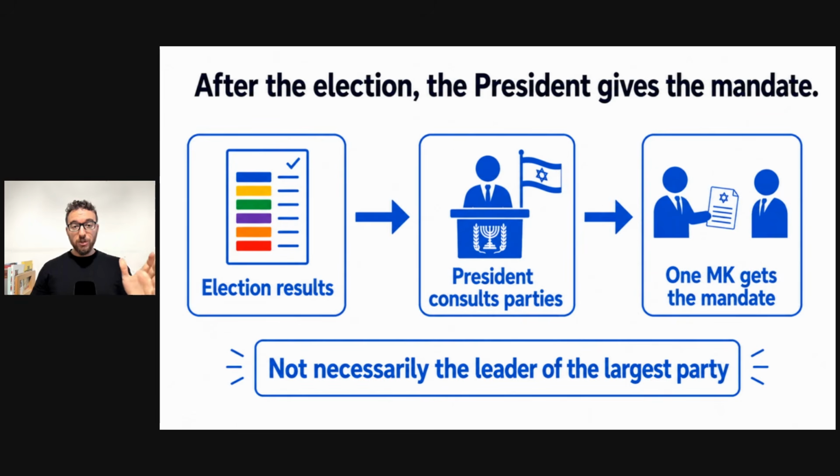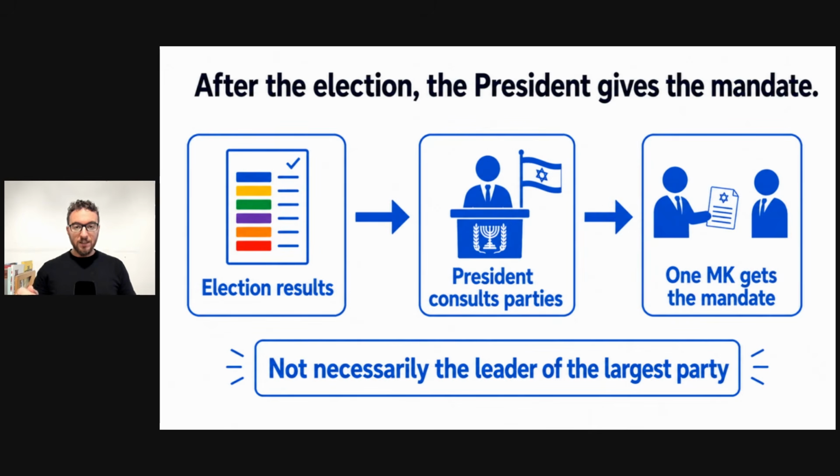Now, usually the member of Knesset who gets that mandate is the head of the biggest party. But that doesn't have to be the case, as we'll see very soon, because the point here isn't who won on election day. The point here is who stands the best chance at forming a government. And based on the recommendations of the heads of the parties, that's what the president will do.